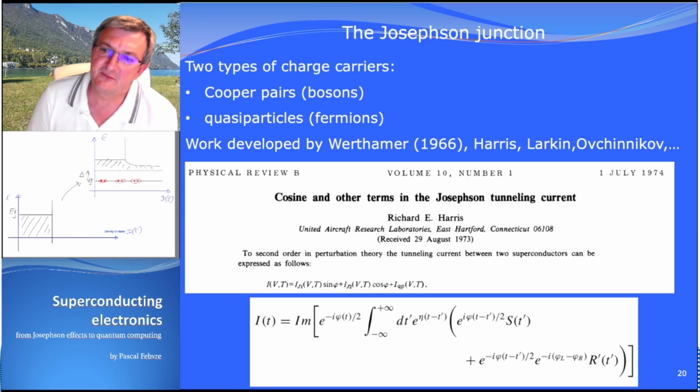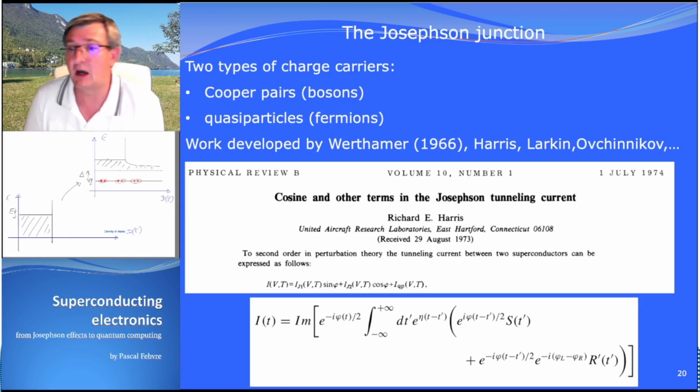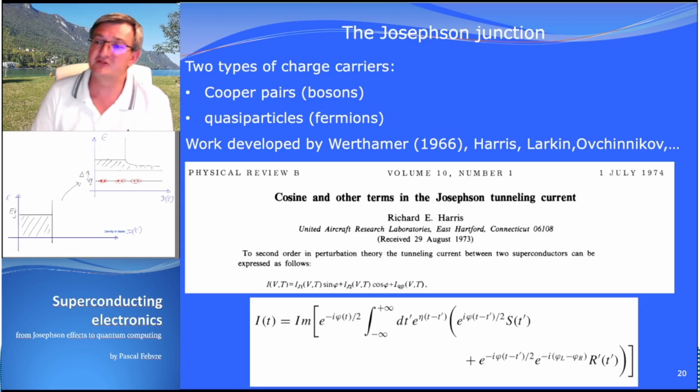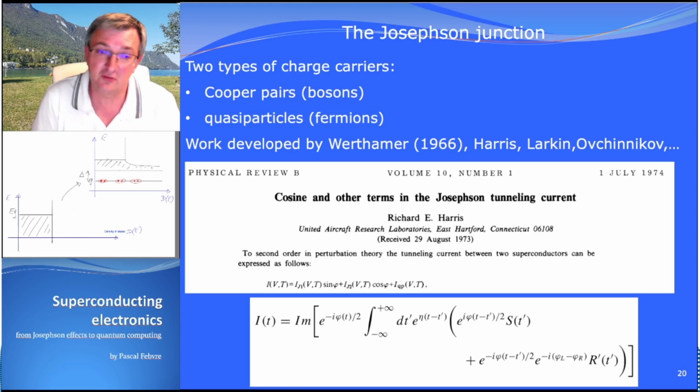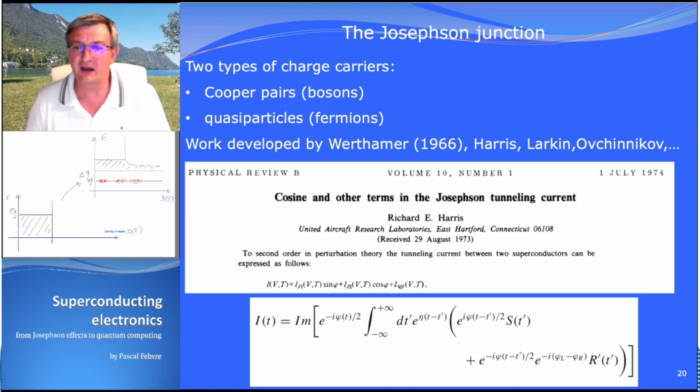So this work has been developed in particular, but not only, by Werthamer in 1966, Harris, Larkin and Ovchinnikov, and many others, who tried to understand all this. And what comes out of the modeling of these devices is that the current which crosses the Josephson junctions has 3 terms, basically. One which is often called IJ1 times sin phi.